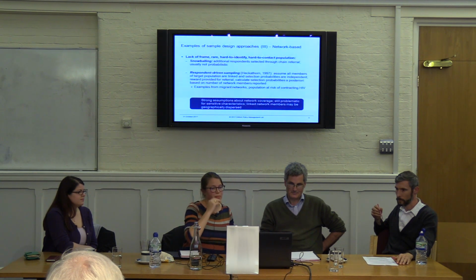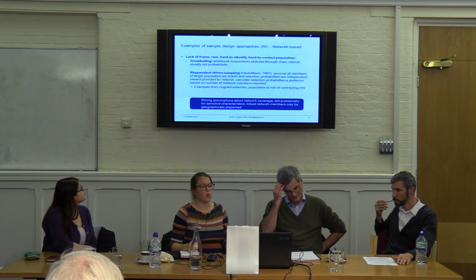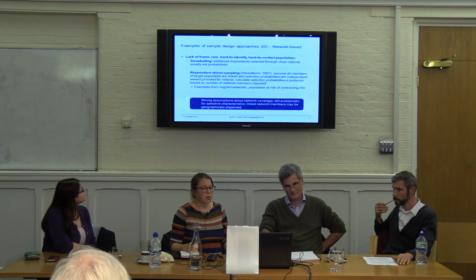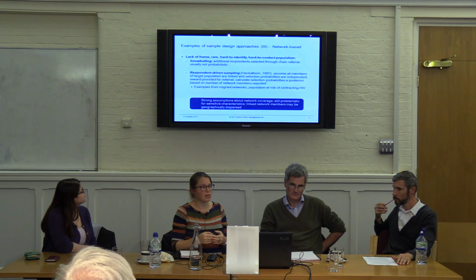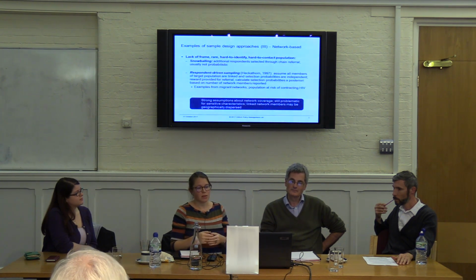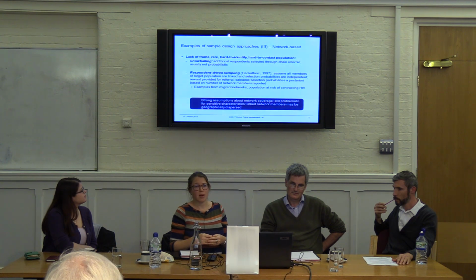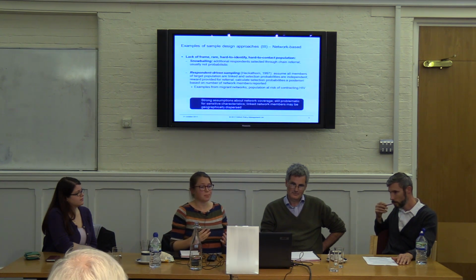And the third type is network-based, where a non-probabilistic approach is snowballing, where you just ask respondents about other persons with similar characteristics, and you have this chain referral. But in that case, it's almost impossible to get any idea of a selection probability.